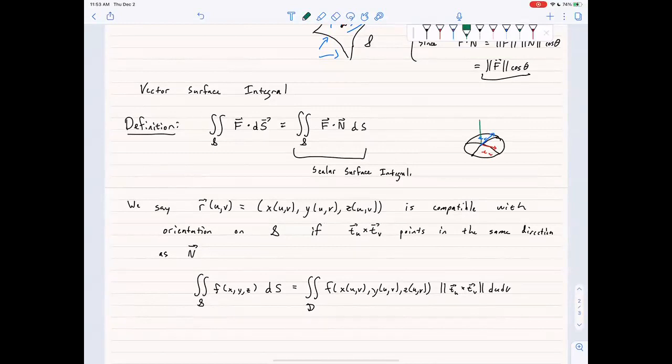So we get T_u cross T_v. Because it's orthogonal to the surface, it is a normal vector to the surface. Maybe not a unit vector, probably won't be, but it's certainly orthogonal. And so we can ask, is that orthogonal vector pointing in the direction of n, or is it pointing opposite to the direction of n? If everywhere that we look, it's always pointing in the same direction, then we say that this parametrization is compatible with the orientation.